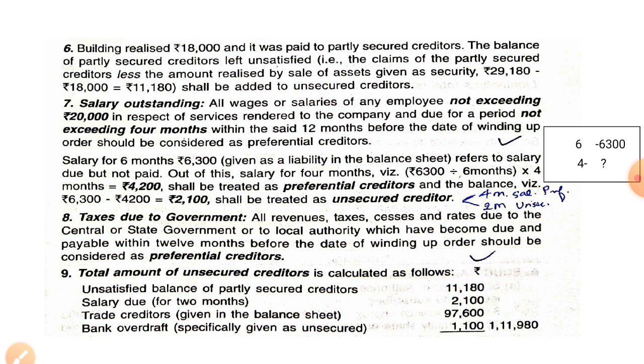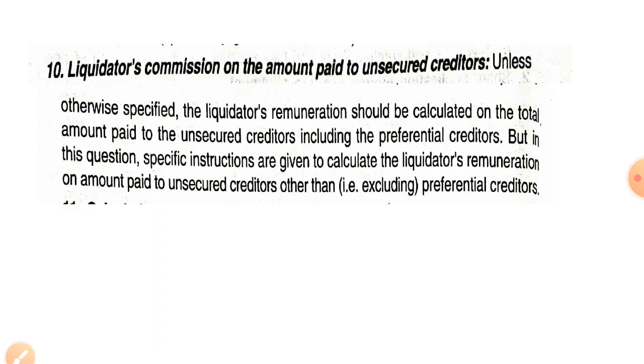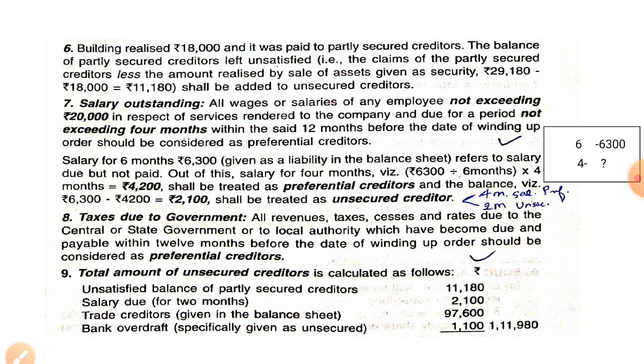Then salary due for 2 months, because 4 months salary we considered as preferential, right? So 2 months salary we should consider as unsecured creditors. Clear? So salary due for 2 months is unsecured creditors.